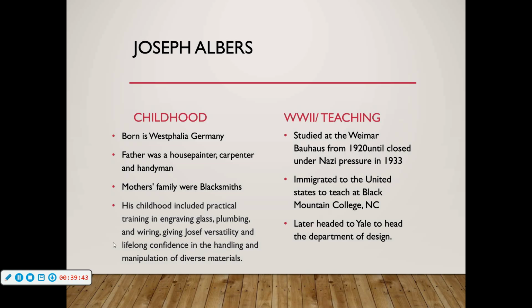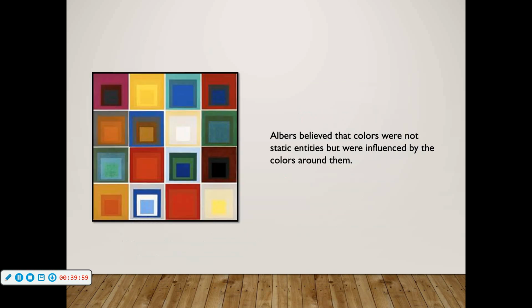He studied at the Weimar Bauhaus from 1920 until it closed under Nazi pressure in 1933. He then immigrated to the United States to teach at the Black Mountain College in North Carolina, and later headed to Yale to head the Department of Design, which was like a new department at the time.